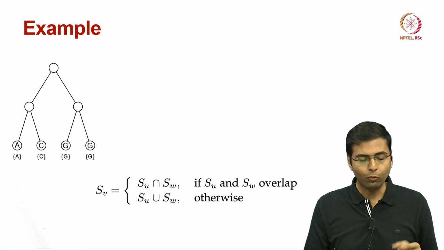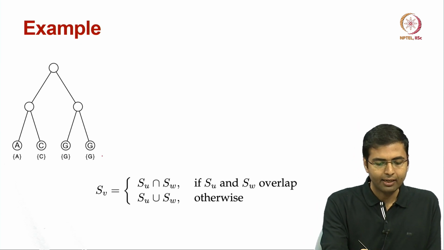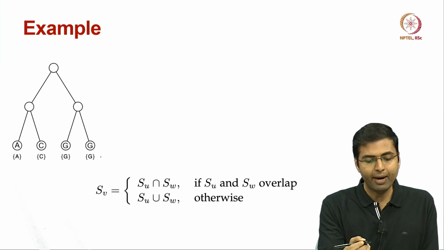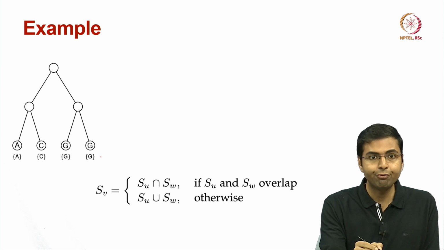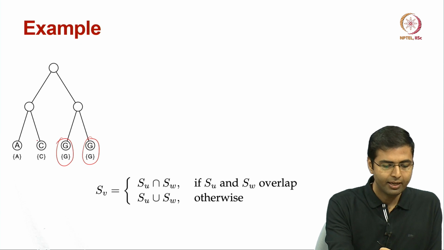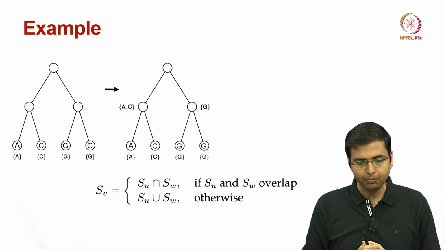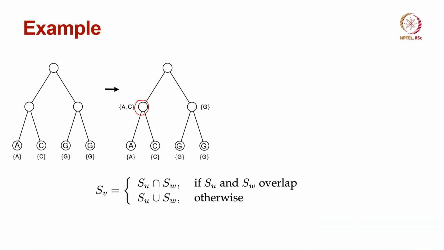Let me show a quick illustration. At the leaf nodes, as I said, the set will be determined based on the given label of the leaf node. So here the set is G, here it is G, here the set is C, and here the set is A. Now, as we work our way up, on this node observe that the intersection is empty, so there is no overlap between these two sets.